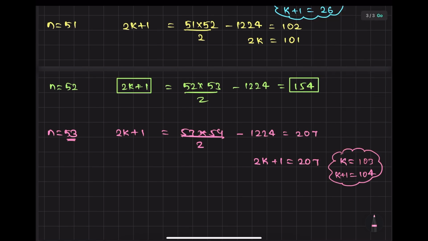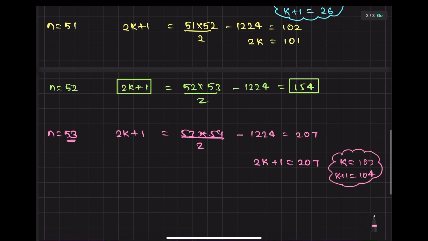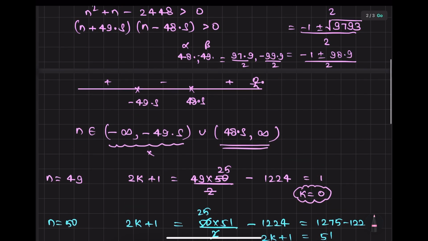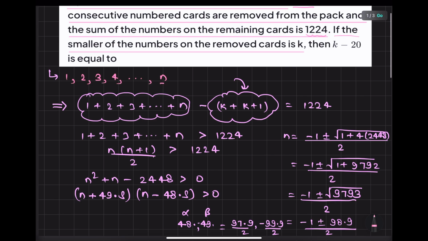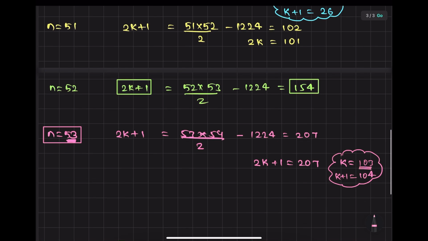If you observe, n is 53. So the last number is 53. So if the last number is 53, how can you remove 103 and 104 from in between that? It is not possible, na? So this case again will be rejected.